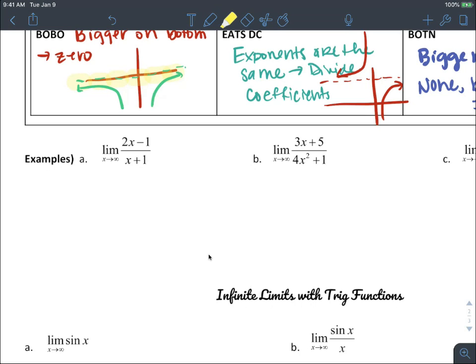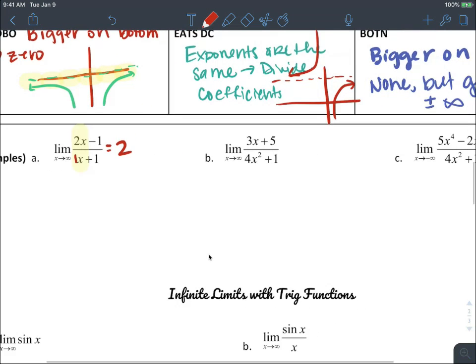So what you do is you take a look at the leading coefficients, everything else you ignore. Then we just divide the coefficients. So 2 divided by 1 gives me 2. This has some sort of end behavior that is going to get close to 2 on the right-hand side.